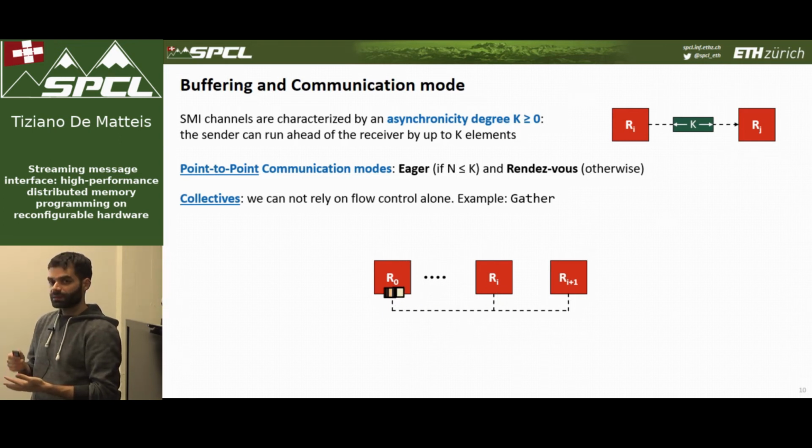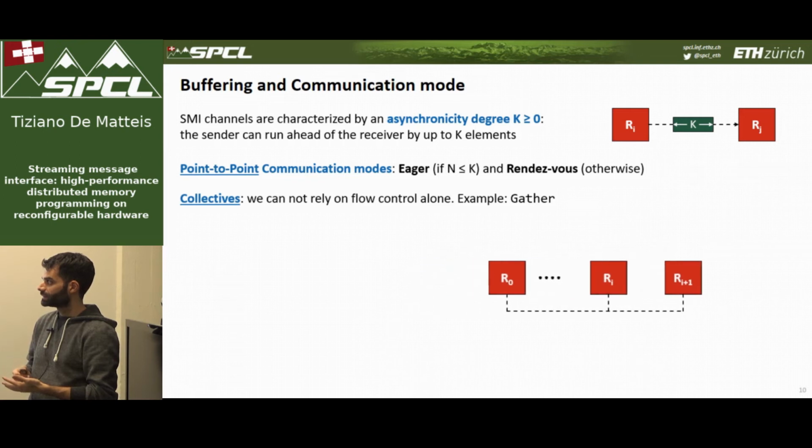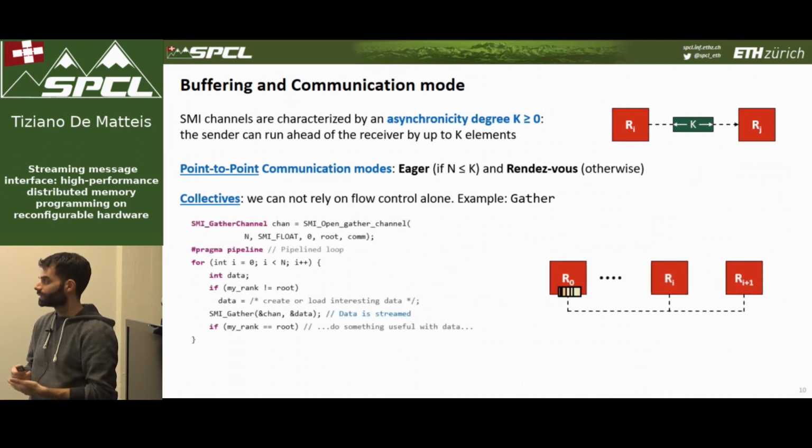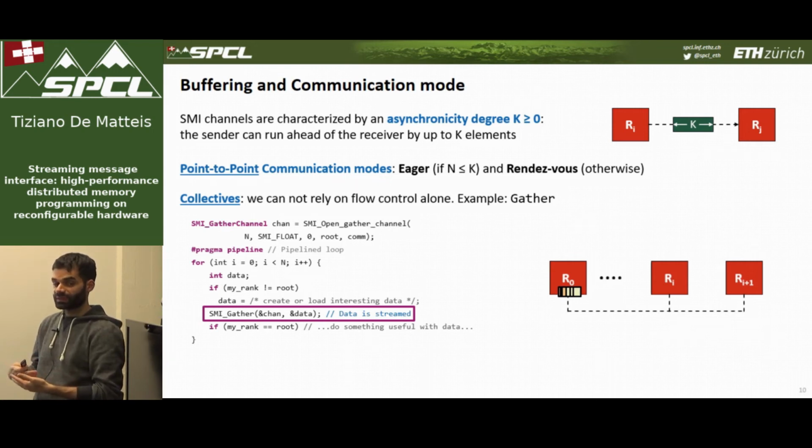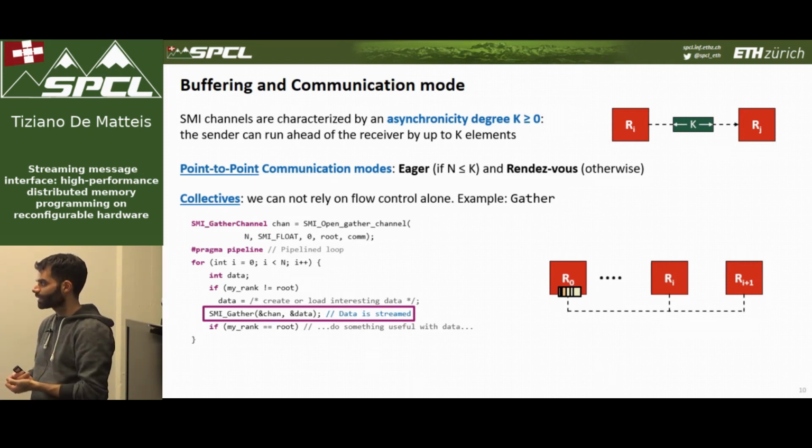We should remember that here communications are streamed. So in the root rank, we don't have enough buffer space to accommodate out of order data for any arbitrary number of ranks or any arbitrary message size. Therefore, we need a way to ensure the correctness of the communication by synchronizing all the ranks that are involved.